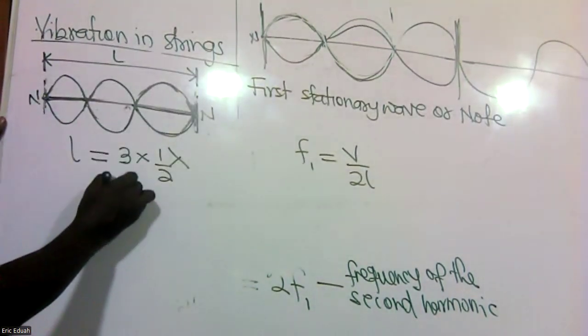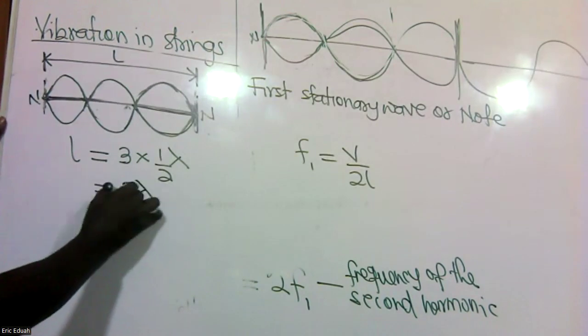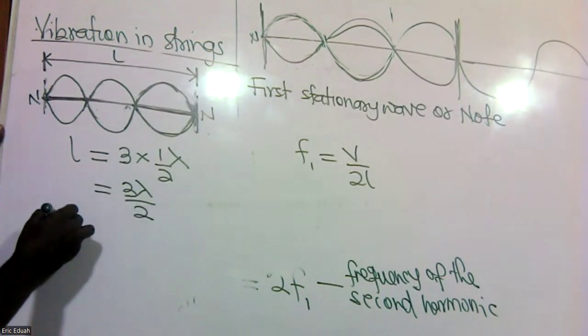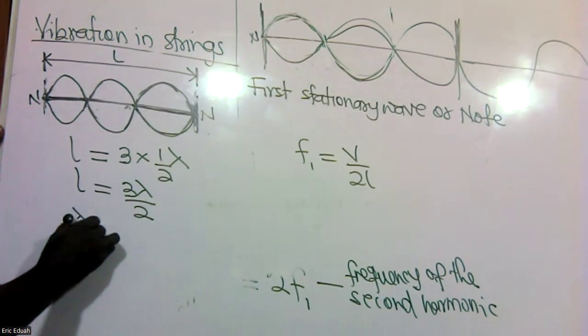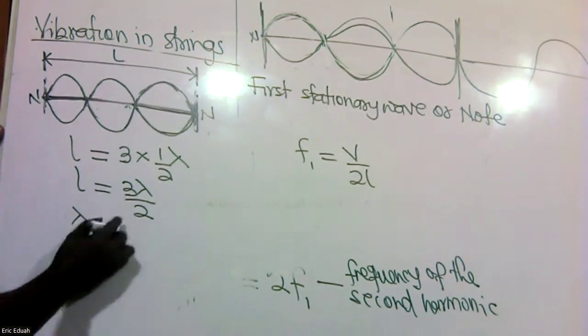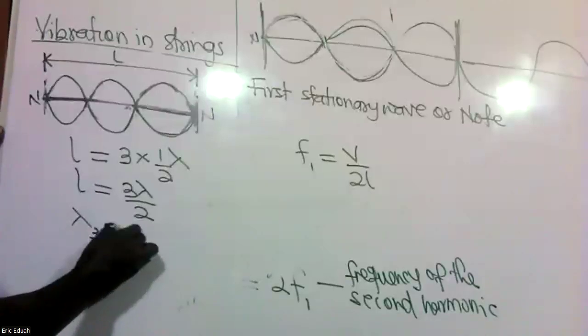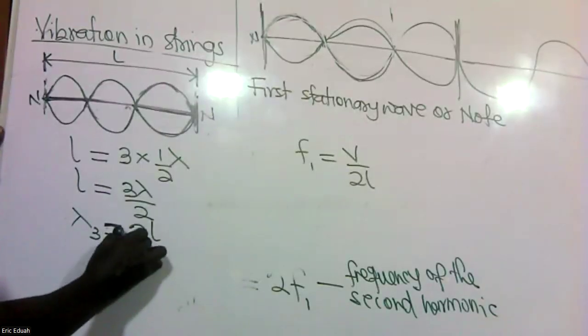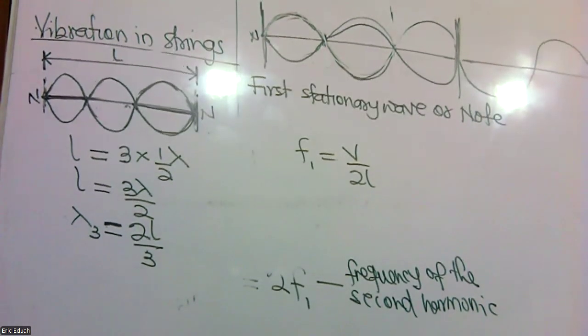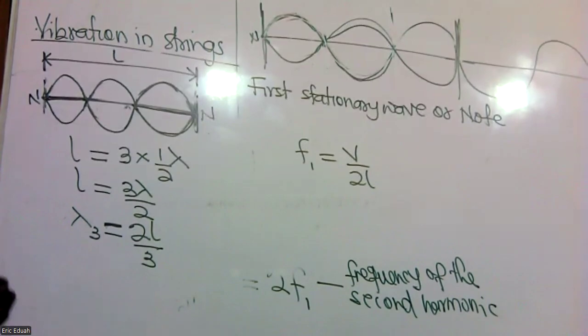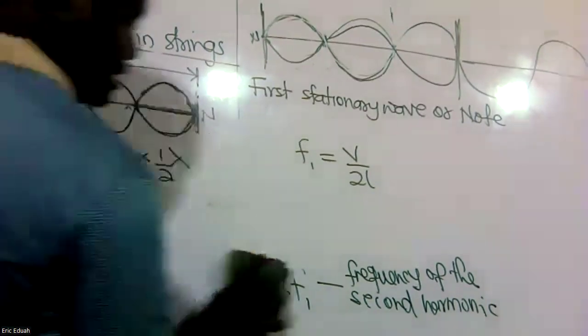So this is equal to 3 lambda on 2. Therefore, lambda 3 is equal to 2L on 3. So this becomes that particular wavelength which will form this.